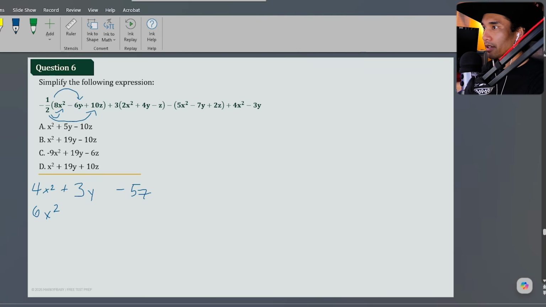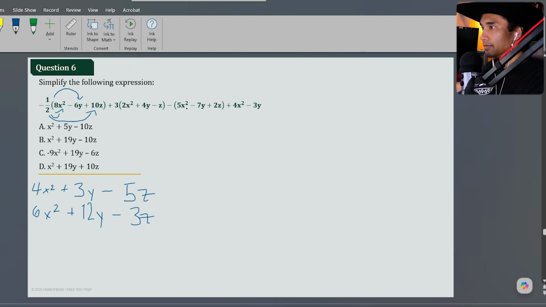I got ahead of myself there. So yeah, see, there's lots of room to make mistakes. Even I make mistakes. And I'm just going to write this closer and put minus 5z. Okay, so I have this 3 times 2x squared, that equals 6x squared. 3 times 4y, that equals plus 12y. And then 3 times negative z, well, that equals negative 3z.